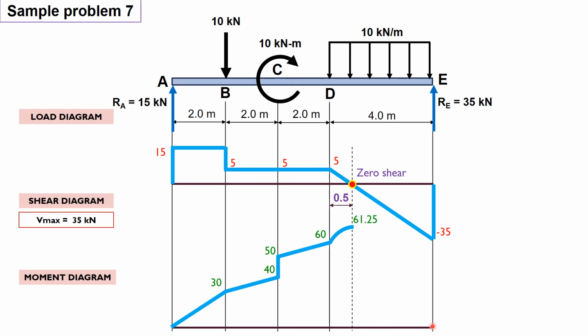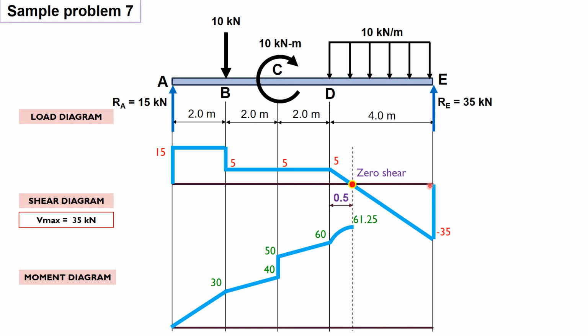But of course, we still have to compute or to check na meron talagang 0 moment dito. Now, you have here positive 61.25. So to confirm that you have 0 moment here, so you subtract this because this is a negative shear, so that this area is negative. So 61.25 minus this area, or since this is a triangle, so we have 1/2 of 35 by this distance, which is 4 minus 0.5.